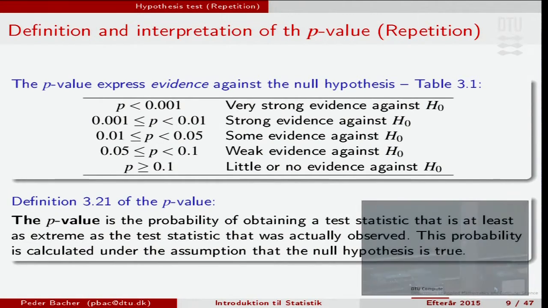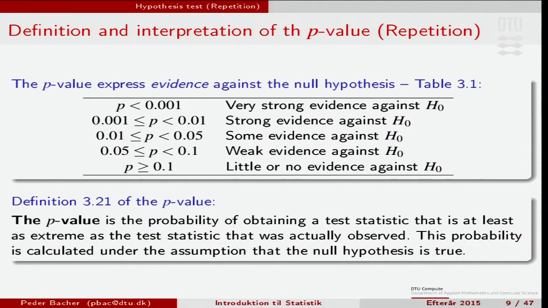And the point is that we use the phrasing under H0, under the null hypothesis. That means if the null hypothesis was true, then the world would look like this.